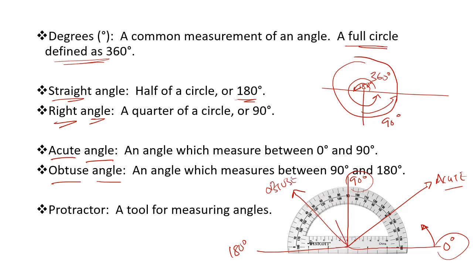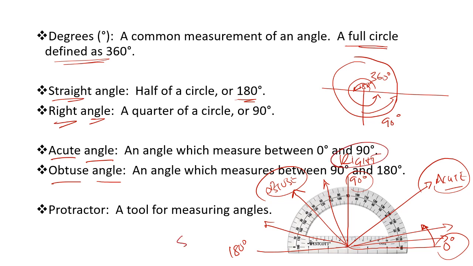So this would be obtuse, this would be obtuse, this would be obtuse, this would be acute, and this would be very acute. So these are all acute angles over here. These are all obtuse angles over here. This is my right angle, exactly at 90 degrees, and this is my straight angle here at 180.